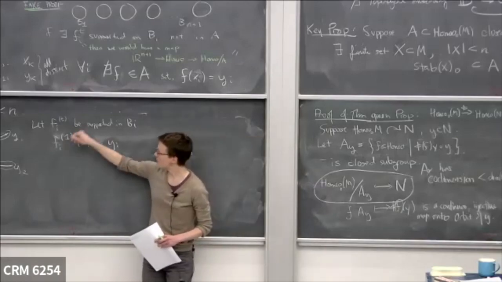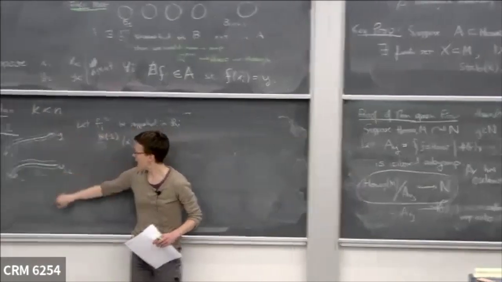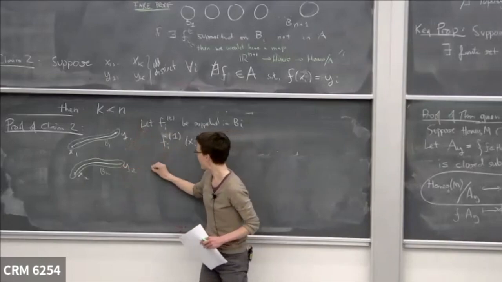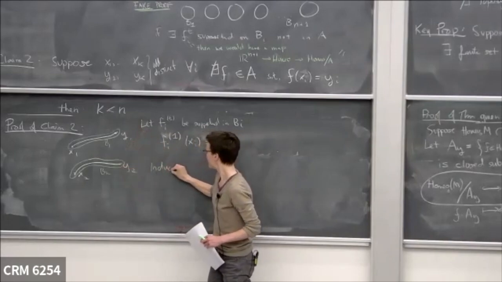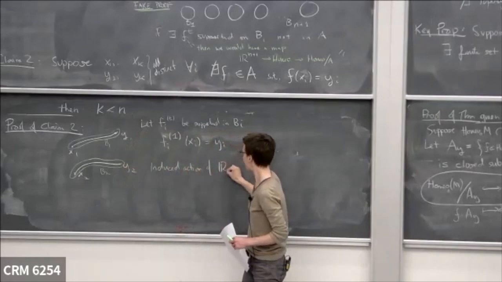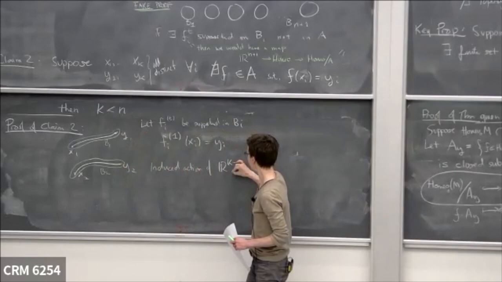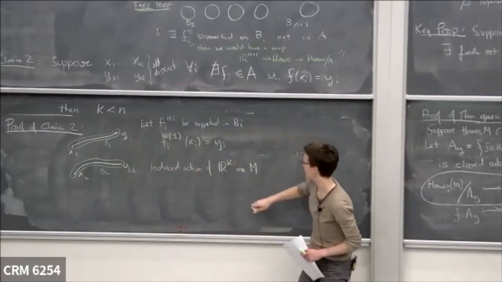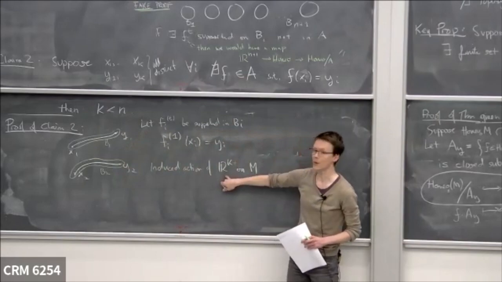So this induces k commuting actions of R. I get an induced action of R^k on my manifold M. I get an R^k subgroup of Homeo(M).